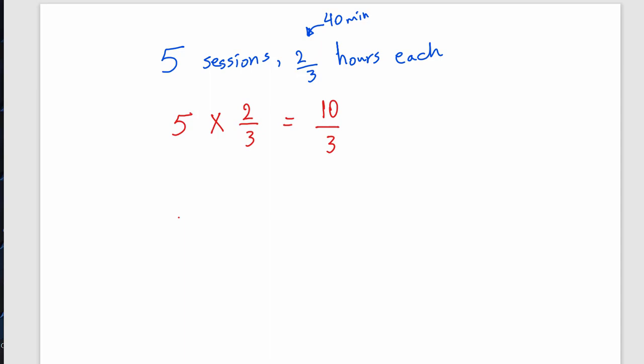Excellent. So, it's 10/3. But 10/3, this is an improper fraction, right? So, we need to do something here.